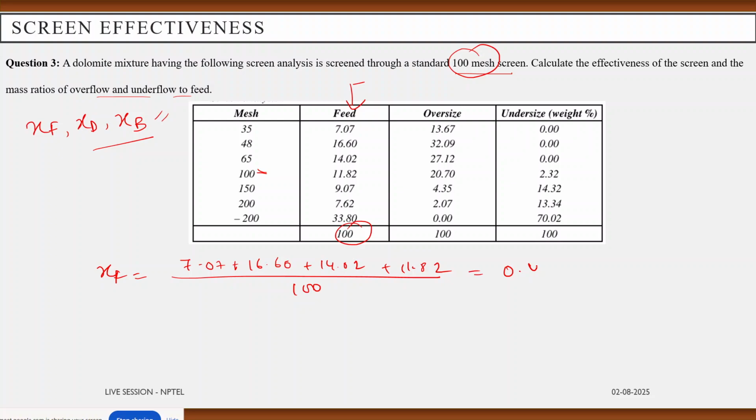What is the value we are getting? 0.4951. In that way you calculate, and let me know the values of XD and XB. XD represents oversize and XB represents undersize.